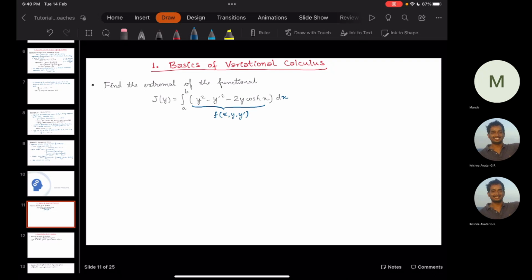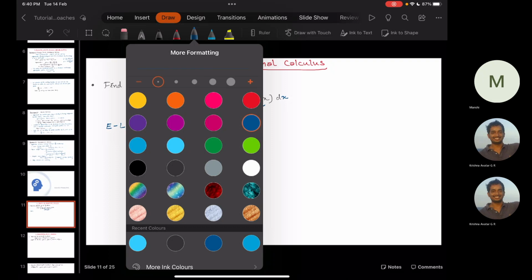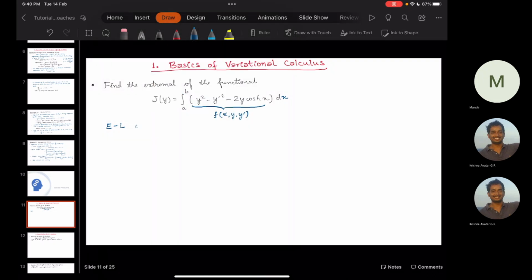The first step is to determine the Euler-Lagrange equation, because we are going to have just one equation. This Euler-Lagrange equation is defined as d by dx of the partial derivative of f with respect to y prime, minus del f by del y, is equal to 0.